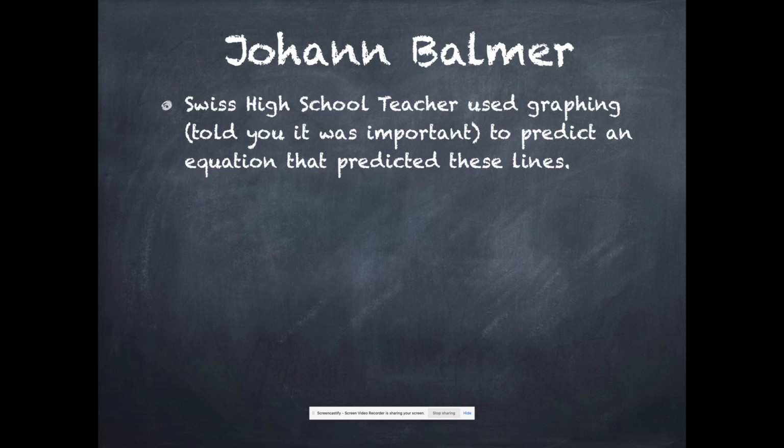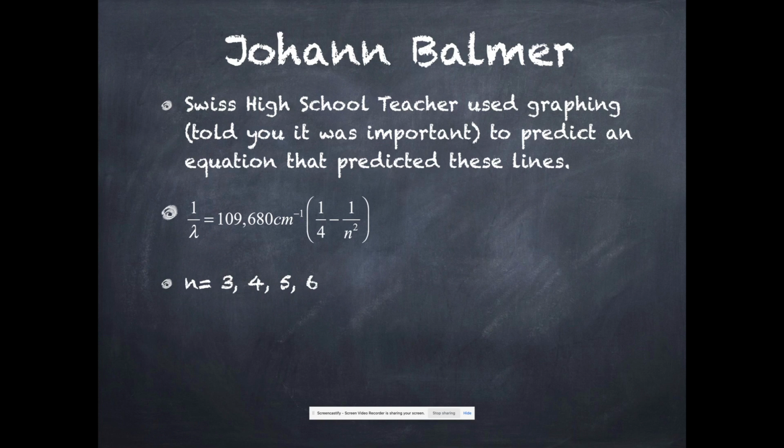It was a straight line equation, a y equals mx plus b equation. And this is what it looked like. 1 over the wavelength equals a constant, 109,680 centimeters to the minus 1, times 1/4 minus 1 over n squared. And that value for n would be 3, 4, 5, and 6.